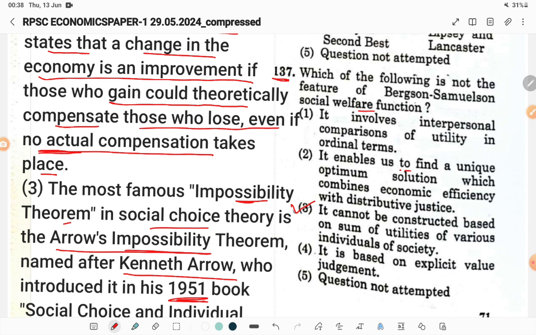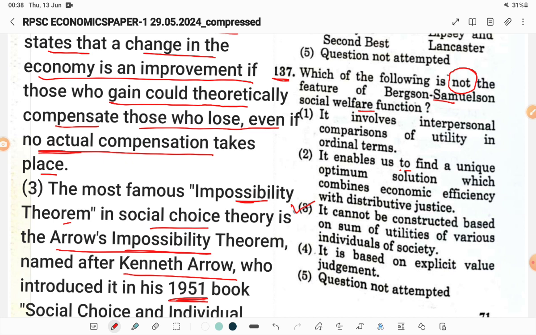Third, it cannot be constructed based on the sum of utilities of various individuals of society. And fourth, it is based on explicit value judgment. This question is asking about the feature that is not part of the Bergson-Samuelson social welfare function. So the first, second, and fourth are features of it, not the third.